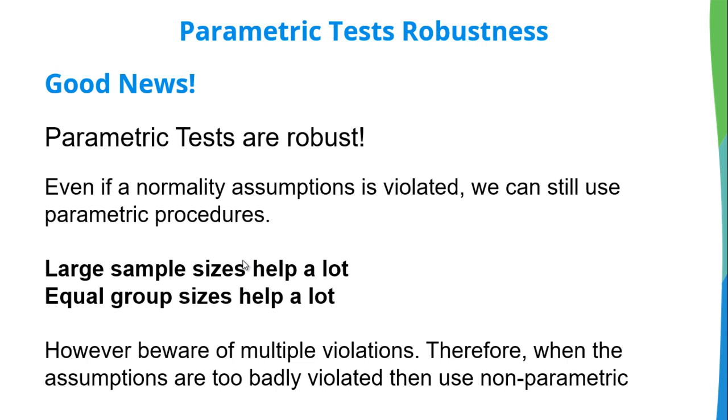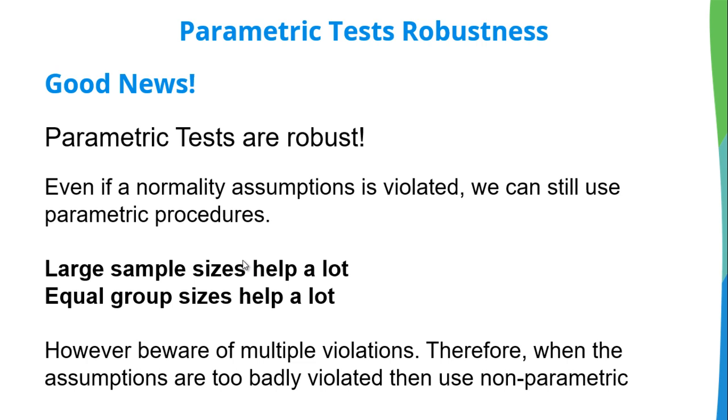But all must not fail. If any one of them fails, maybe normality, maybe homogeneity, or independence, or outliers, you can still proceed with a parametric test, because parametric is robust.